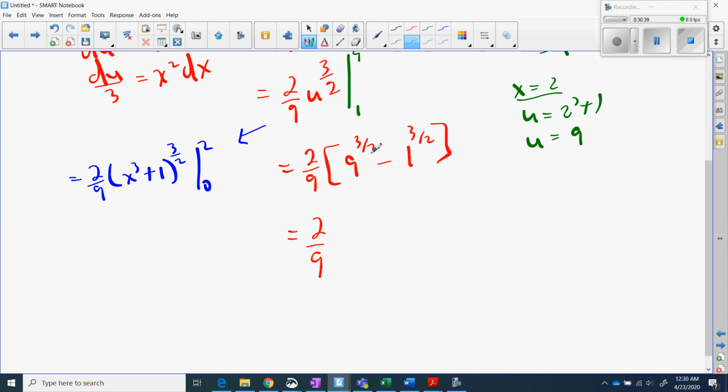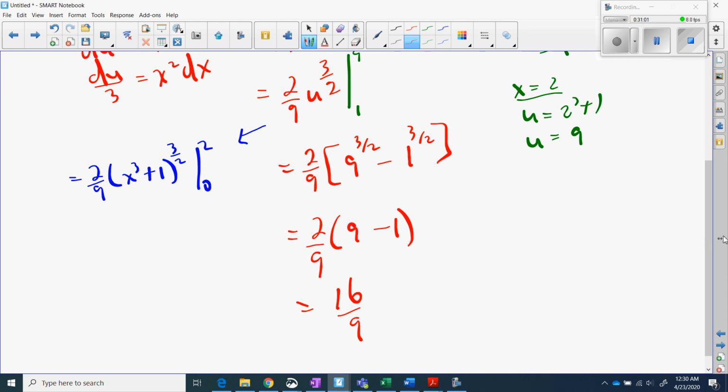Remember, the bottom number is what root you're going to take, then you raise it to that exponent. So this is telling you to take the square root of 9 and then cube it. Well, the square root of 9 is 3. 3 cubed is 9. 1 to any exponent is always 1. This will be 9 minus 1 is 8, times 2/9. The answer for this one will be 16/9.